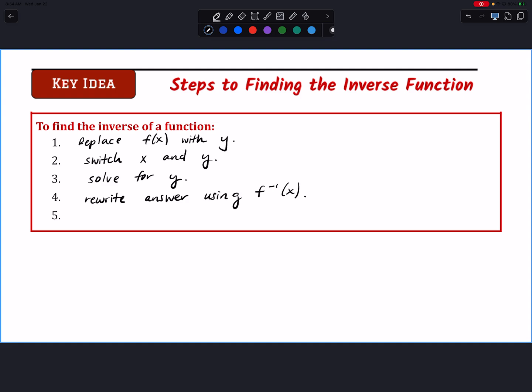The last step, remember, is to verify that they're inverses. But I'll let you guys know, you only have to do this step if the question asks you. So if it doesn't tell you to do it, then don't worry about doing it, okay?